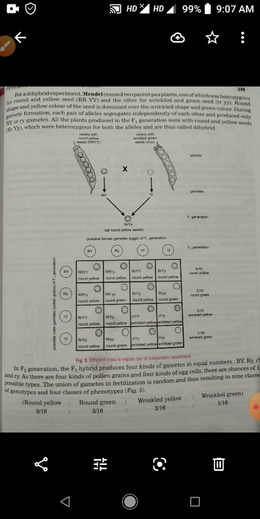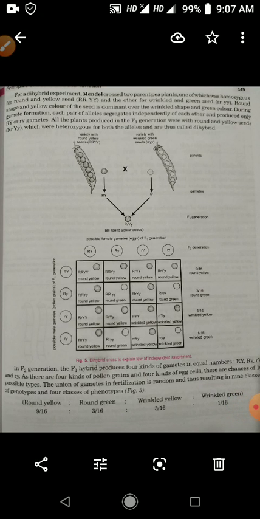He studied the inheritance of round and wrinkled character of seed along with the color of seed coat, yellow and green color.